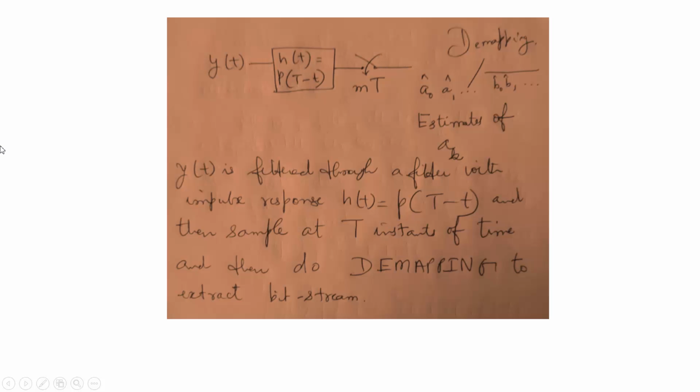What was p(t)? p(t) was the pulse to be transmitted. Now the filter response is matched to the shape of the pulse. The filter that we are using at the receiver end is matched to the pulse shape which we are using to transmit the digital data. That is why this filter is known as the matched filter. We will discuss more about matched filtering and other things in detail.